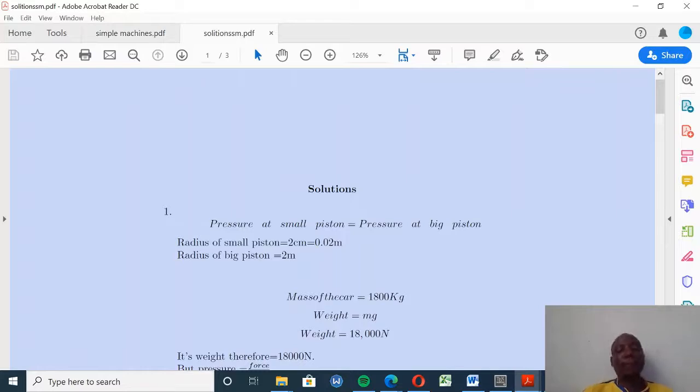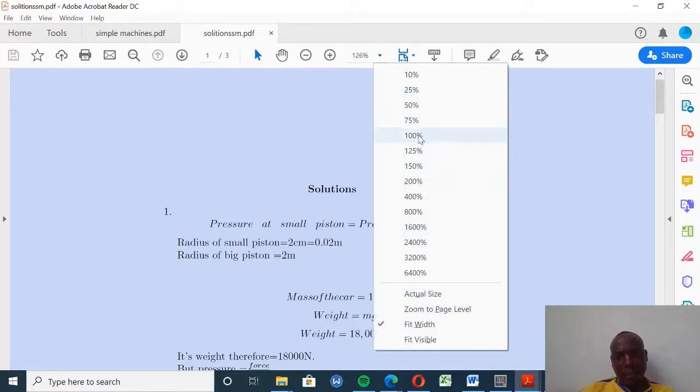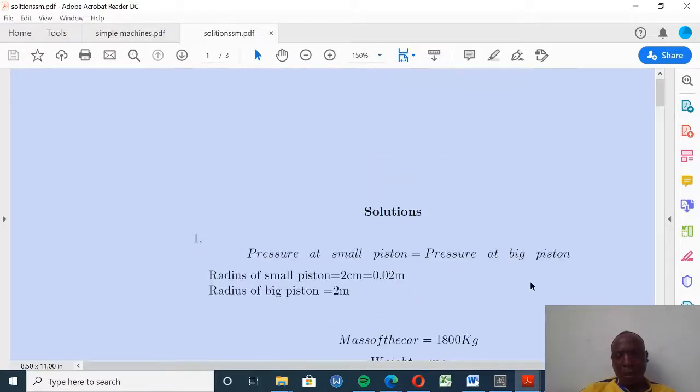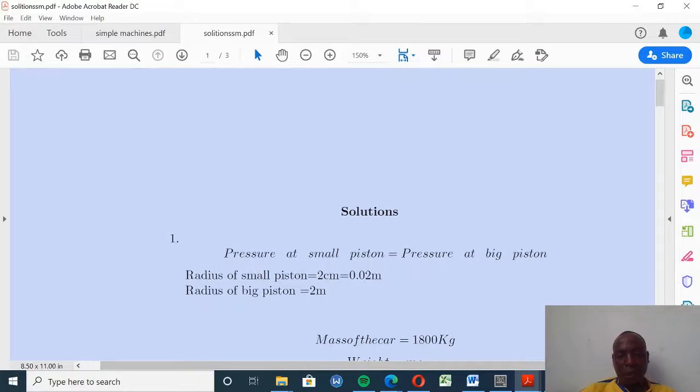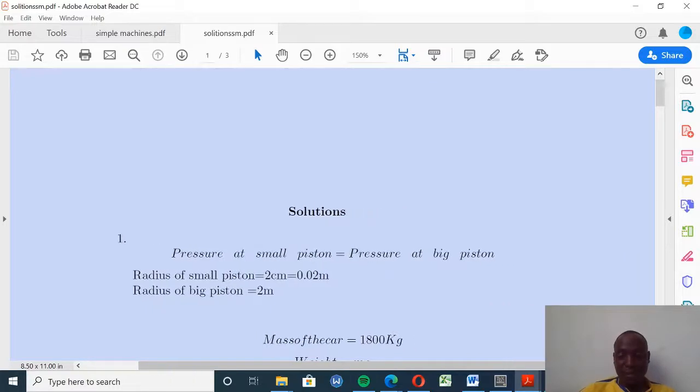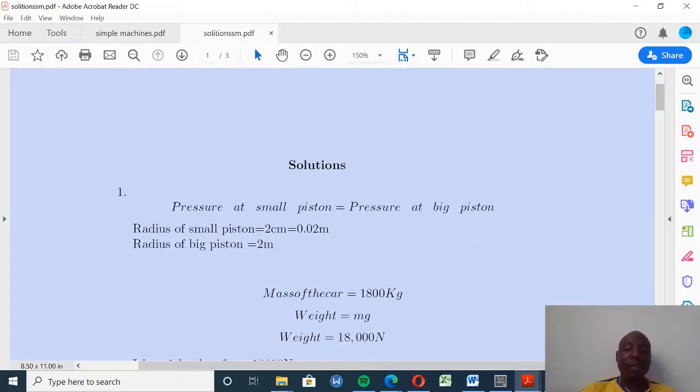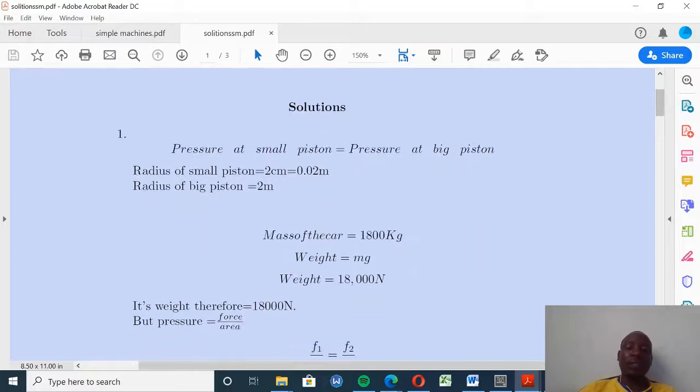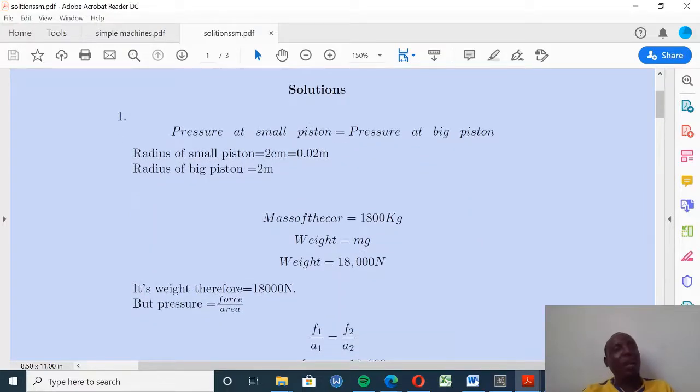Now, when you talk about a hydraulic press, you're talking about the principle of transmission of pressure. In other words, the pressure that is applied on one end is transmitted to the other end.